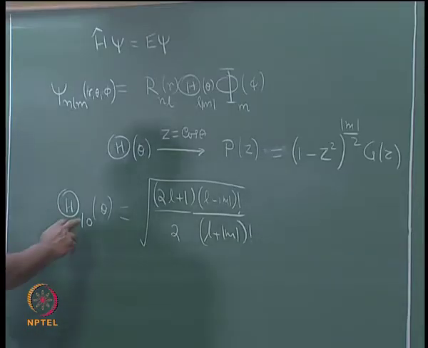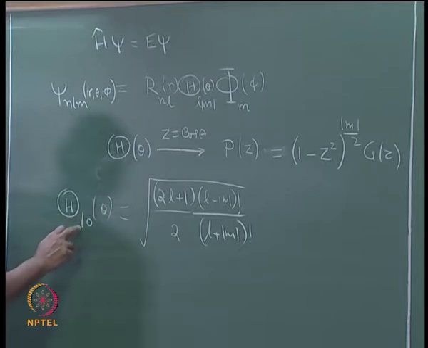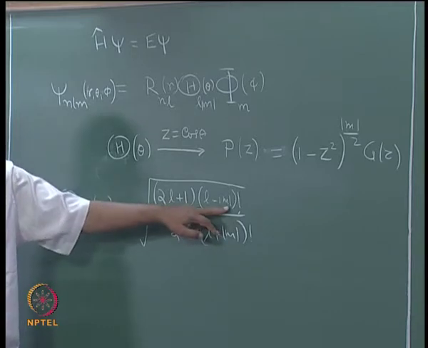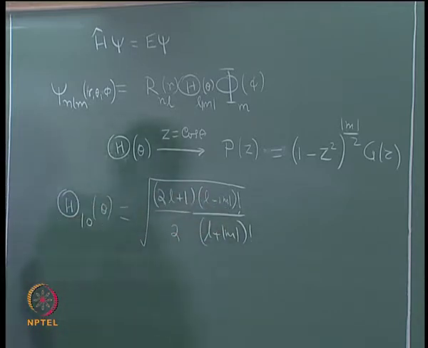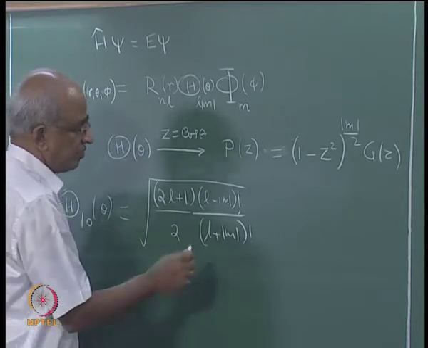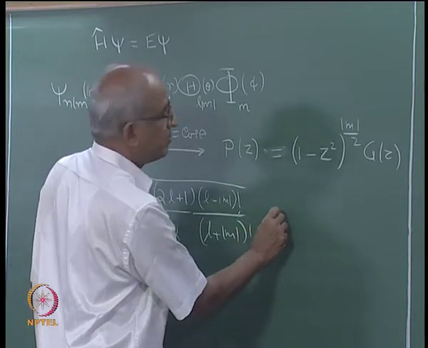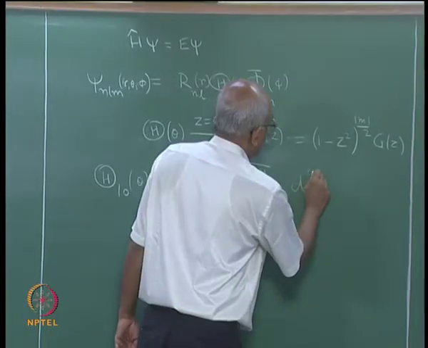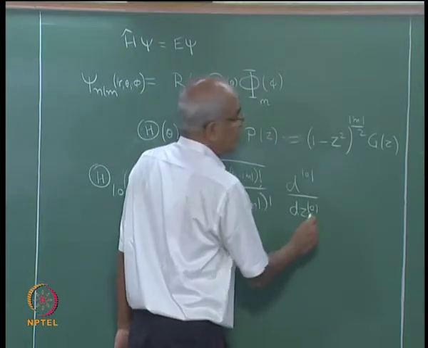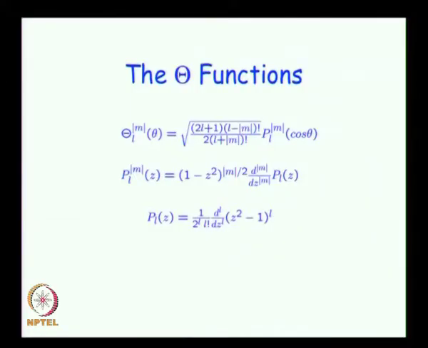And in this equation, if you are interested in this particular function, you will have to put L equal to 1 and M equal to 0. That is how you will proceed. So, put L equal to 1 and M equal to 0, and then this is multiplied by d to the power of 0 by dz to the power of 0 of PL of z.